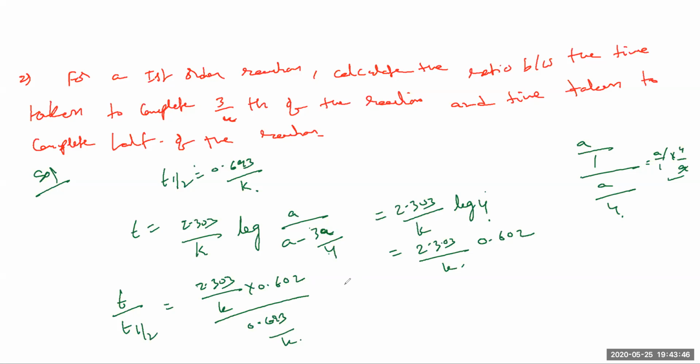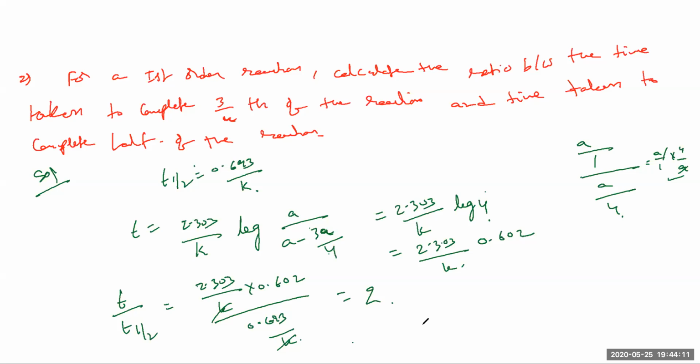So it is 0.693 approximately. K cancels, right? It is almost 2 that will come.